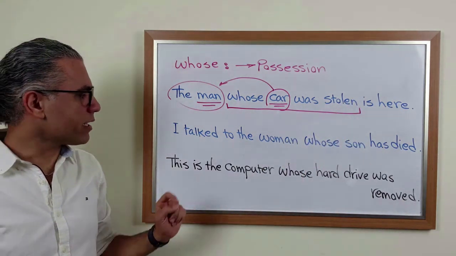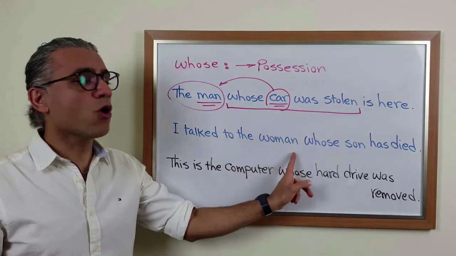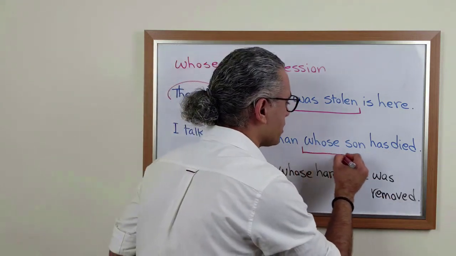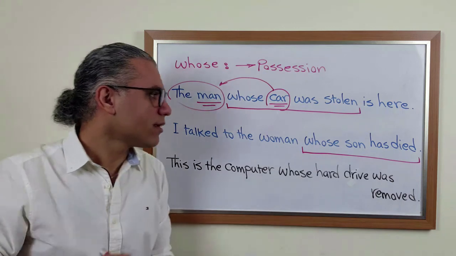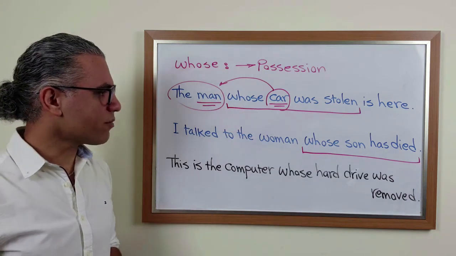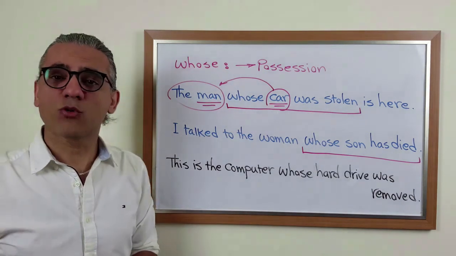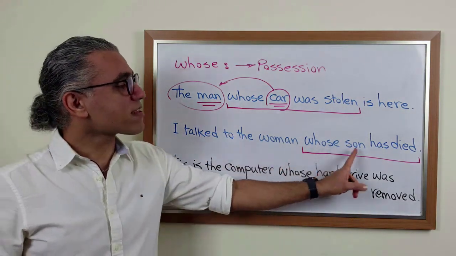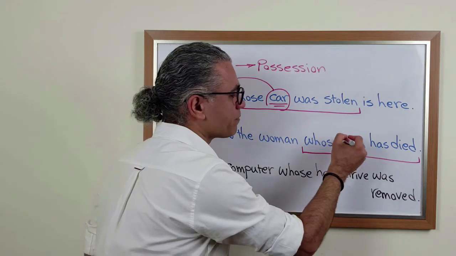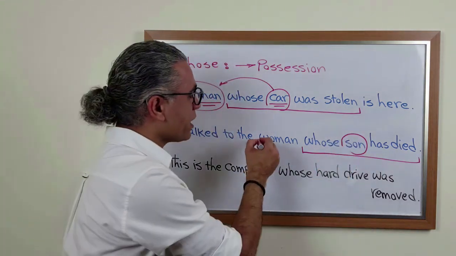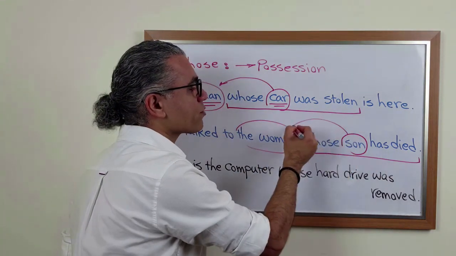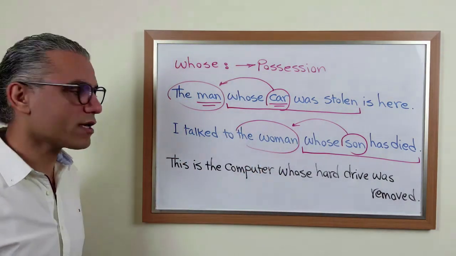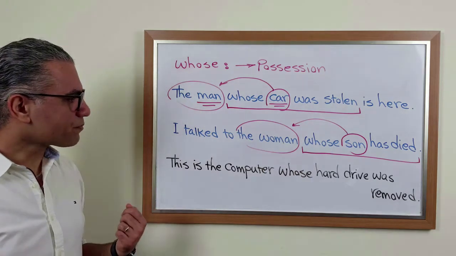The next example is, I talked to the woman whose son has died. Again, this is a little bit morbid of an example, but we are living in morbid times right now. I talked to the woman whose son has died. And again, son belongs to the woman, so the word or the phrase after whose belongs to the word or the phrase before whose.